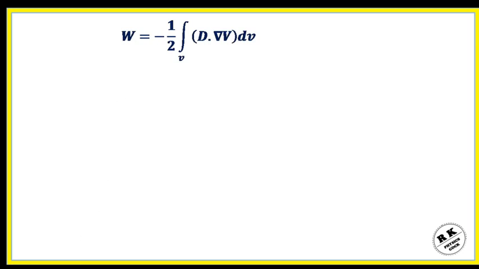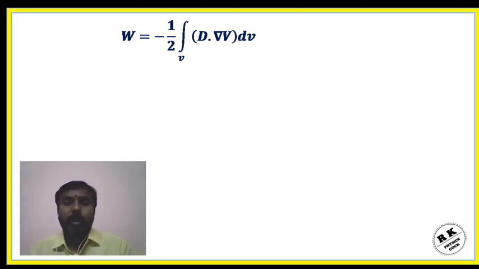Now in the case of the second term, W is equal to minus half integral D dot del V dv.